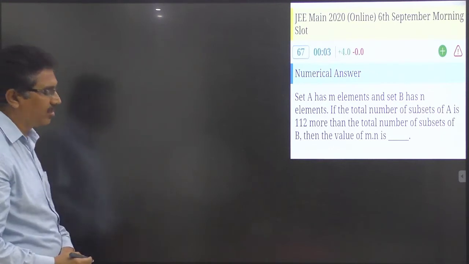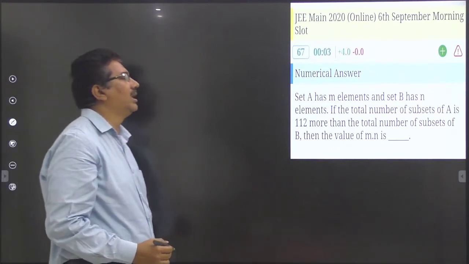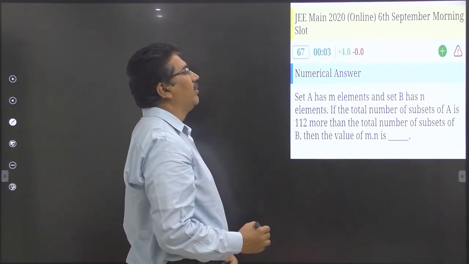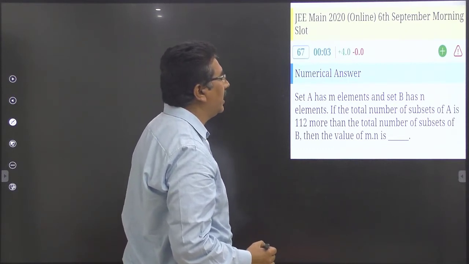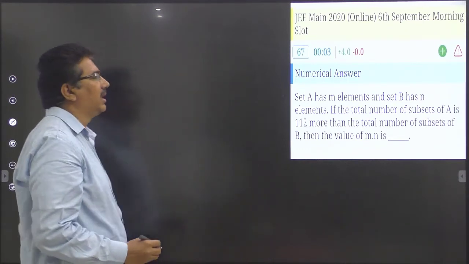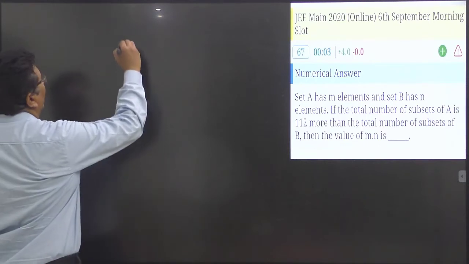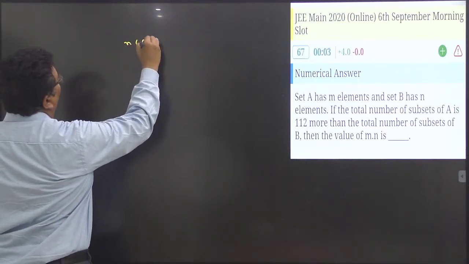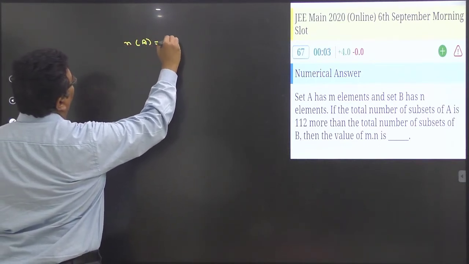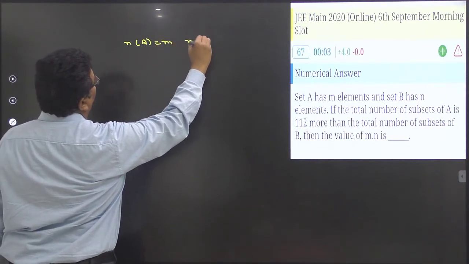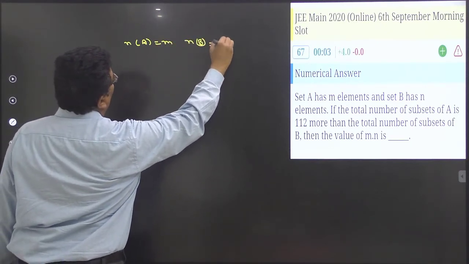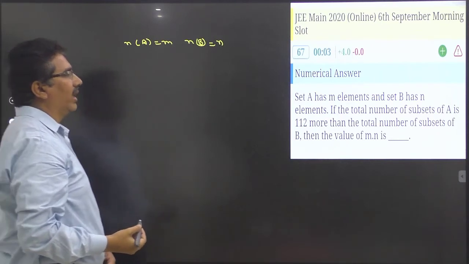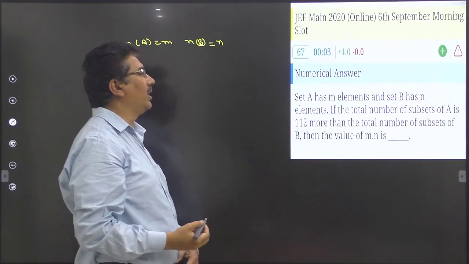Right, now let us see next one. Set A has m elements and set B has n elements. n of A is equal to m, n of B is equal to n.